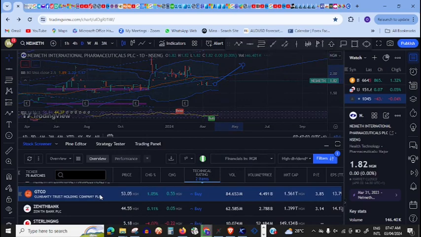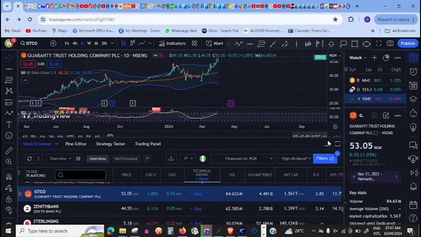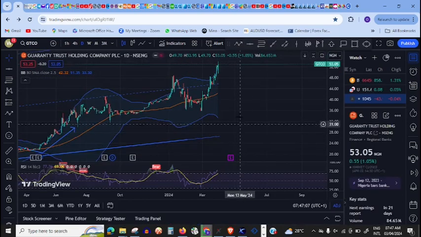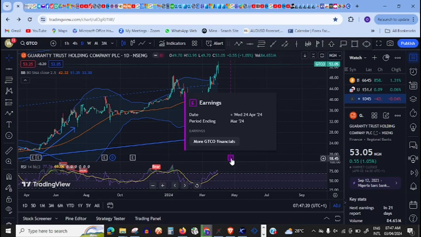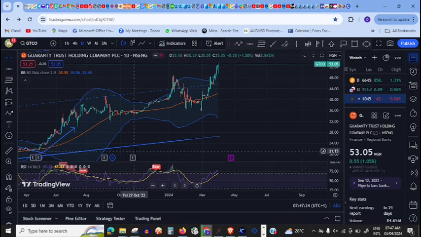For GT, GT is already hitting the top of the band. And their earnings is coming in, when is this? End of, that's 24th of March. So let's see what's going to happen.